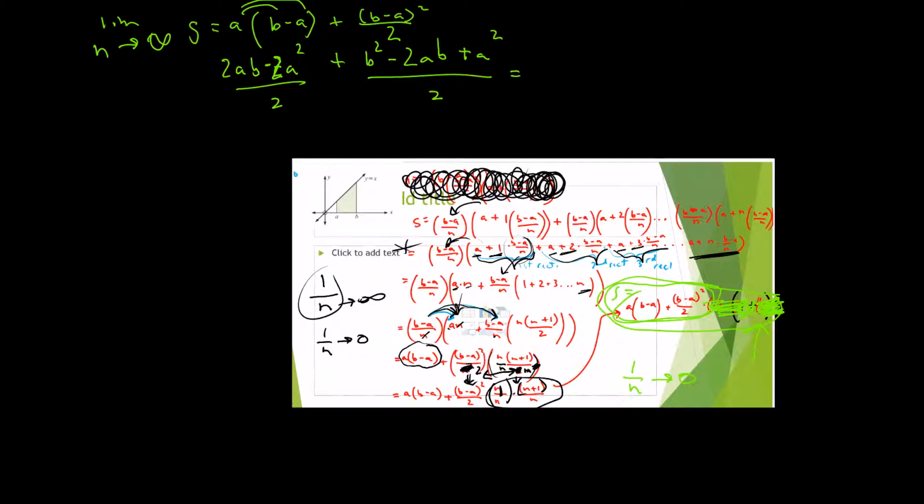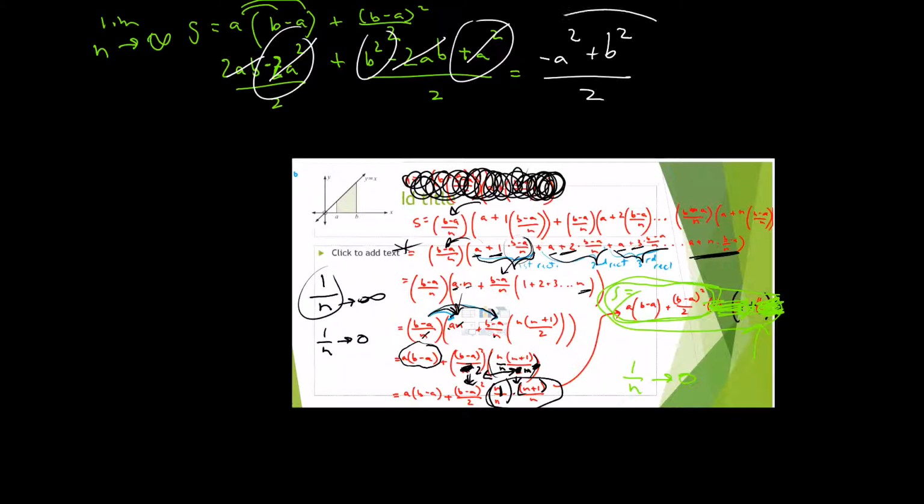The 2ab is going to cancel out, and the negative 2a squared will combine with this thing and give us, let's write that first, it's alphabetical, negative a squared. Those are done and gone. This thing is still here, so that's plus b squared. Let's bring our denominator over, and that is all over 2. And there's our final answer.